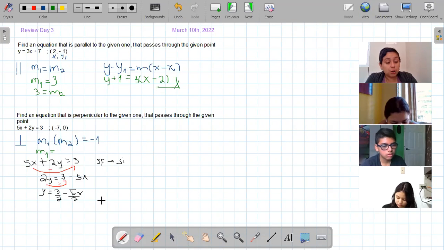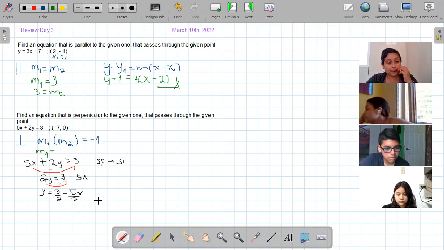Remember, the slope is always the coefficient of the variable x. What is the coefficient of the variable x in here? In other words, in simple, non-technical mathematical words, what is the number next to the variable x? That's the slope. So what is the slope in this case? Negative 5/2.